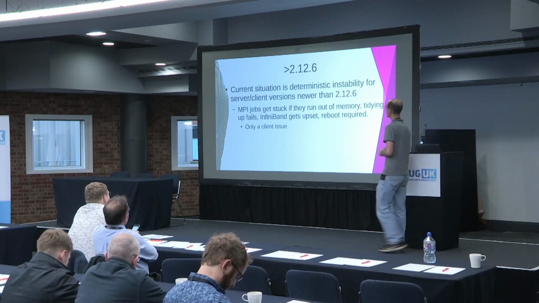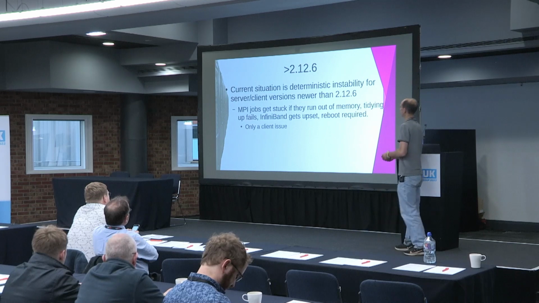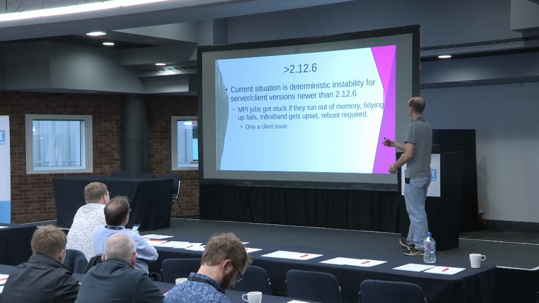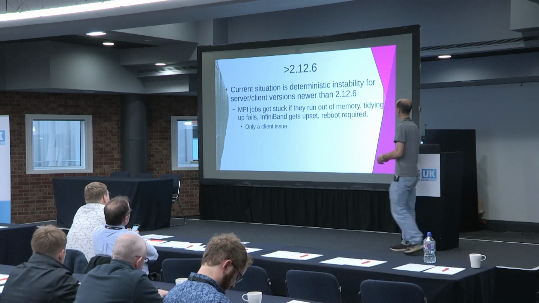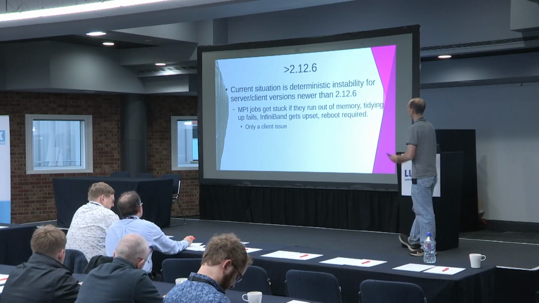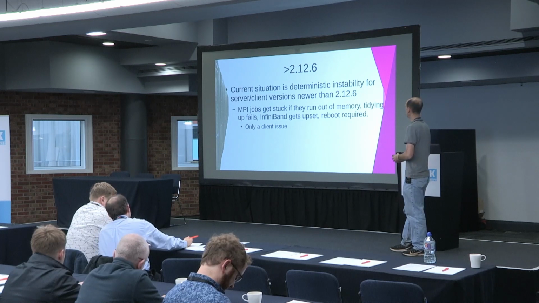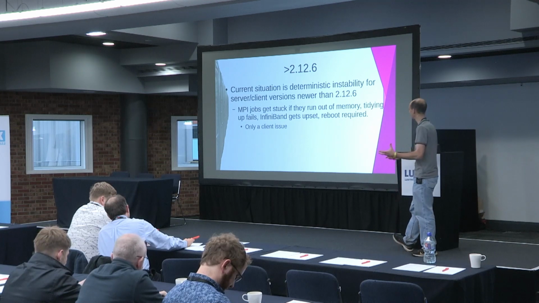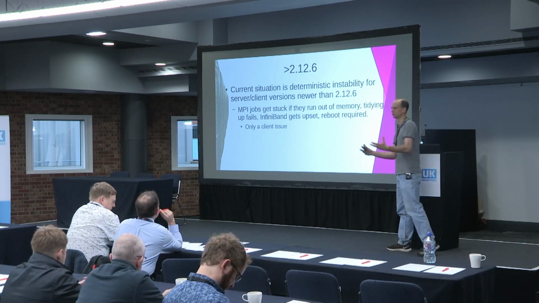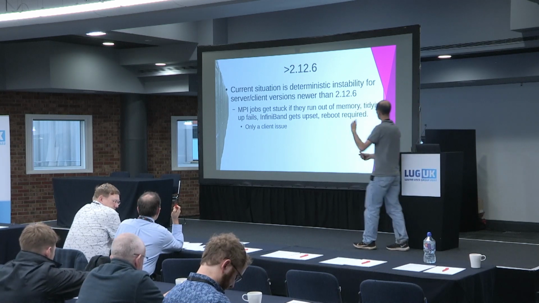We have a weird situation at the moment, which other people don't seem to have, but seems to be specific to our combination of perhaps CentOS 7, the version of Lustre, perhaps the version of the InfiniBand drivers, etc. We have this deterministic instability for client-server versions newer than 2.12.6, whereby if an MPI job is running and it runs out of memory, and then it gets OOM-killed, tidying up fails, the InfiniBand somehow gets upset, and basically the Lustre client gets stuck, and the only solution we have is rebooting the client.